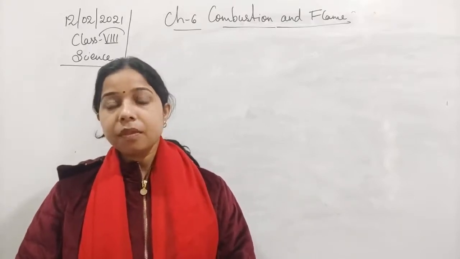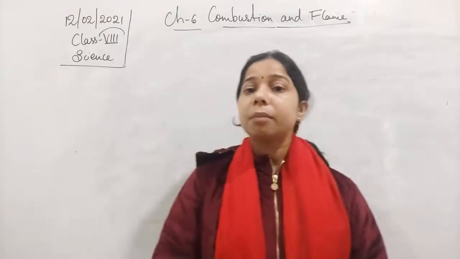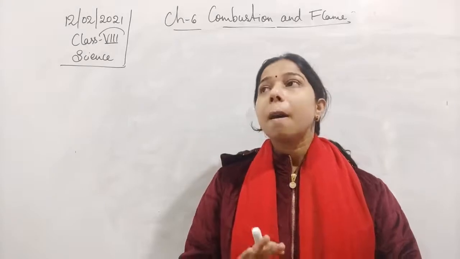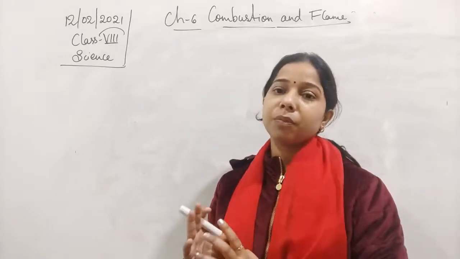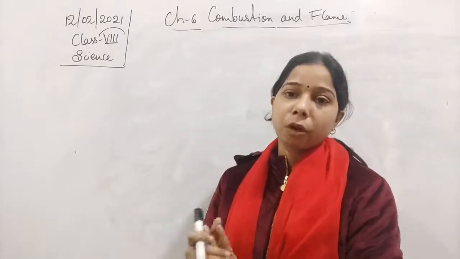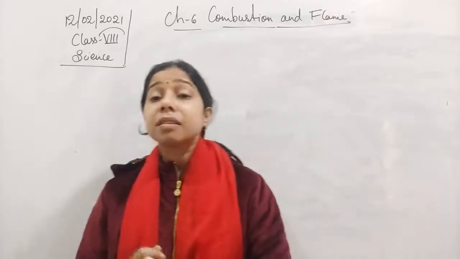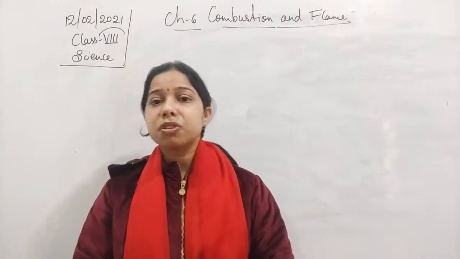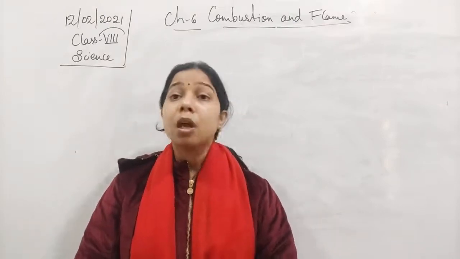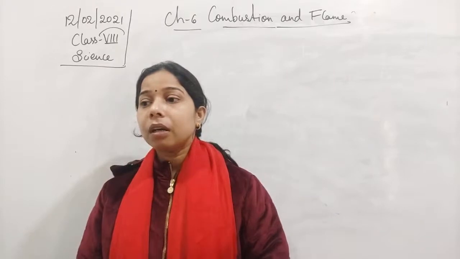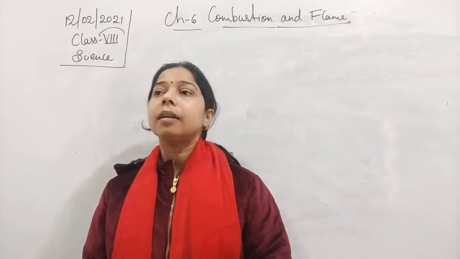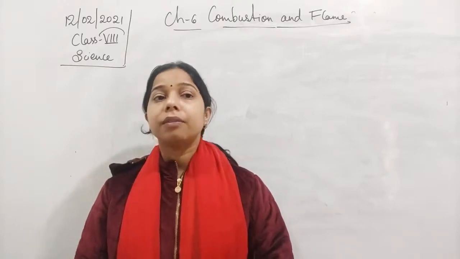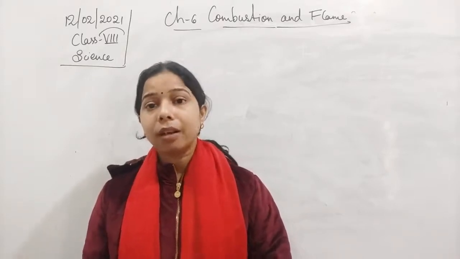flame. Now the second zone is the middle zone, and it is partially undergoing the process of combustion. It means the sufficient supply of oxygen is not there. And you know that if a sufficient supply of oxygen is not there, the flame will be yellow in color, and it emits a smaller amount of heat, although we can say it emits a brighter light.